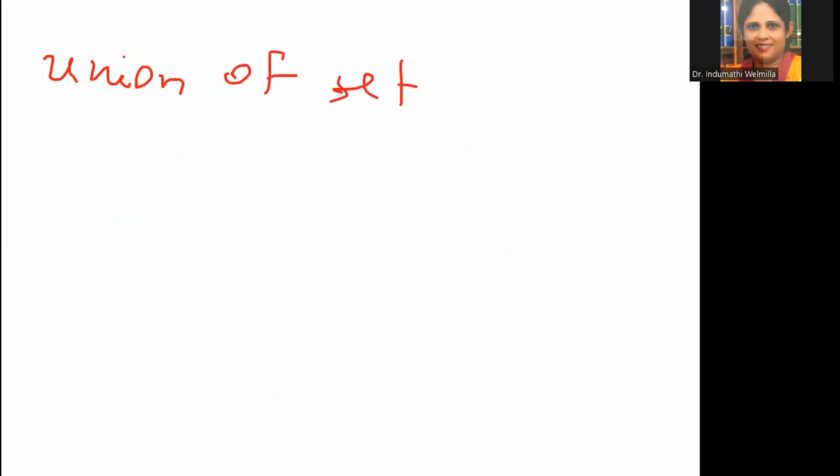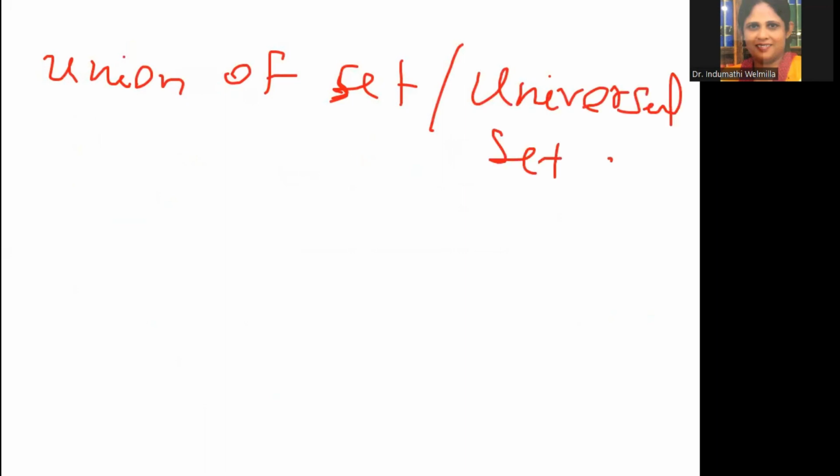Or we use the word universal set. What is the union of sets? If set A and set B are two sets, then A union B is the set that contains all the elements of set A and set B.